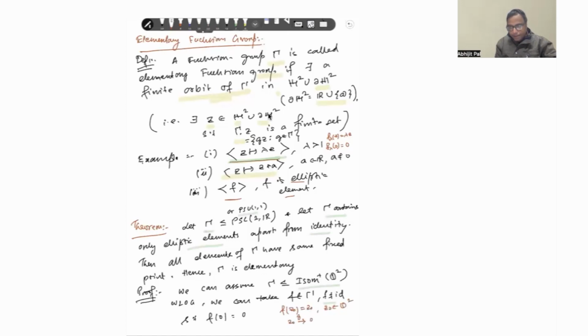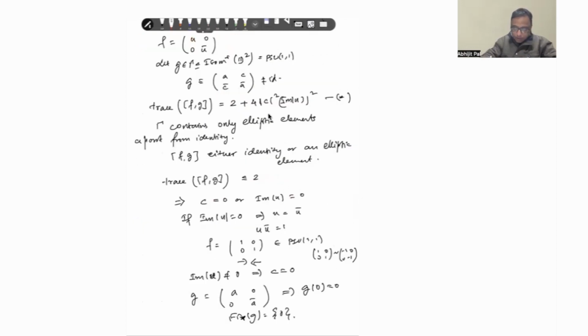Now if I take g f g inverse, that isometry will fix the origin. So without loss of generality, I'll just assume this f fixes 0.